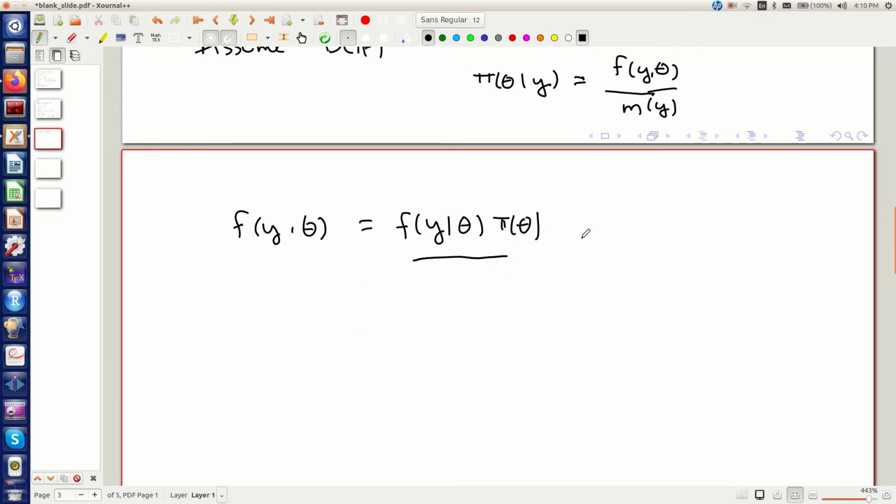So then use that above, and you have the basic Bayesian formula. And this is it. A lot of the problems that we'll do, you'll start off by mixing these two distributions and deriving this.